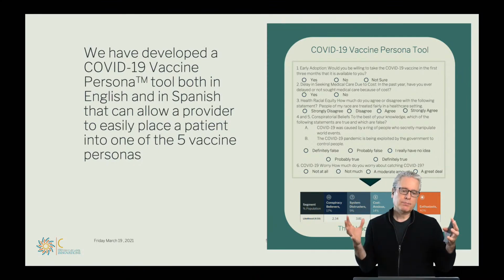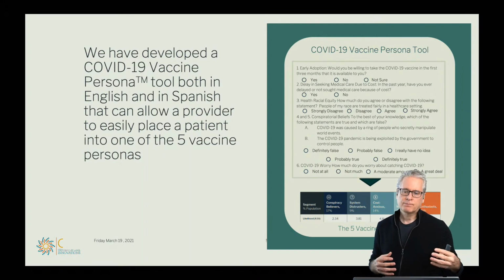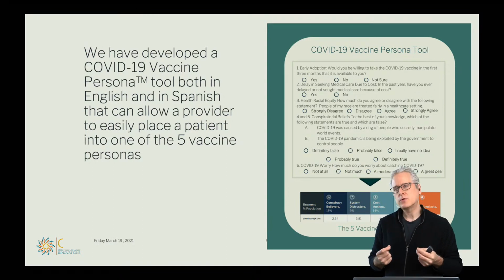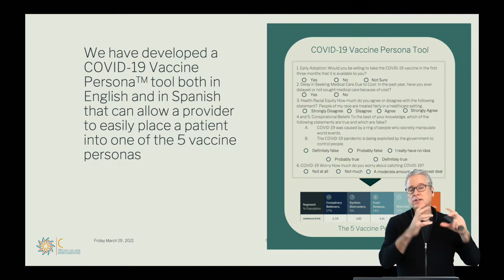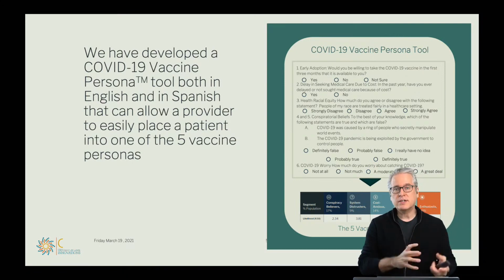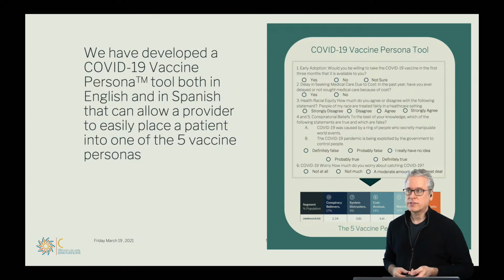So they came up in their work with a little persona tool that if you go through it and ask the questions, it determines one of 5 different personas. See how this is a tool that's a little bit of a segmentation tool, but delivered within a persona so that they're easy to remember and easy to use in your care facility.